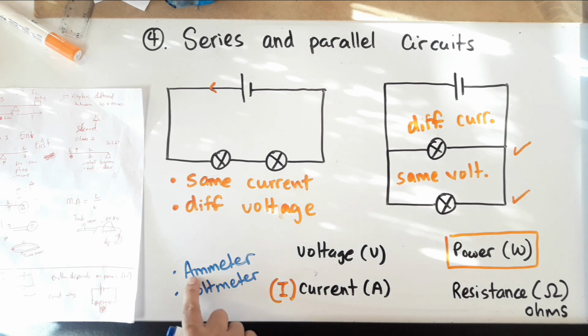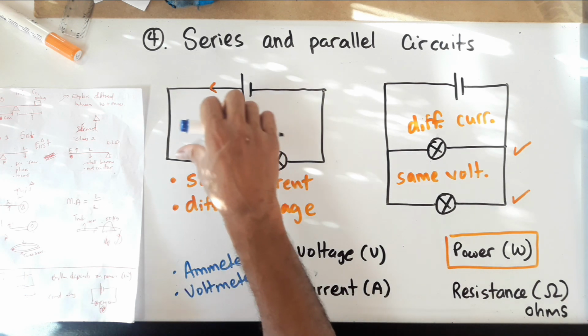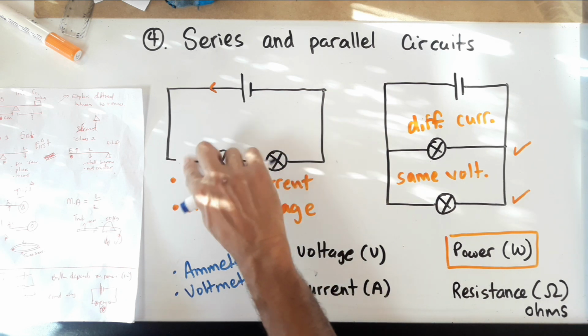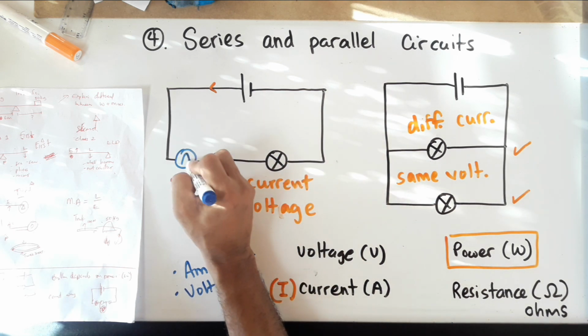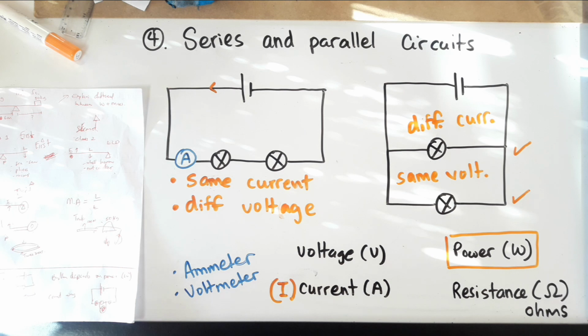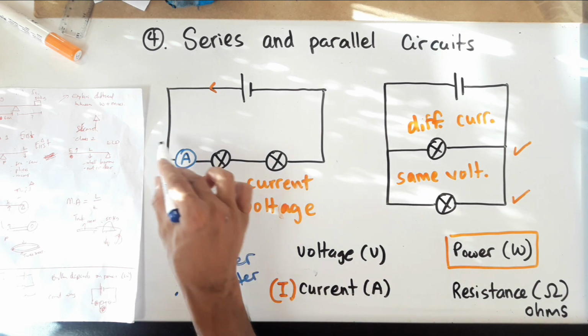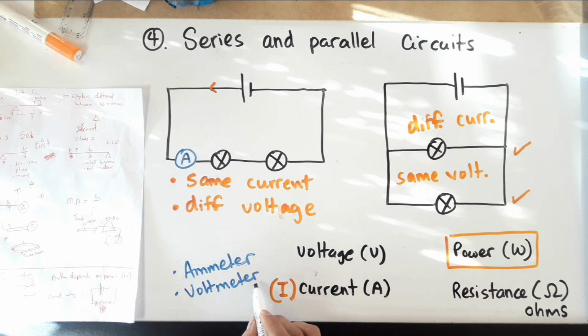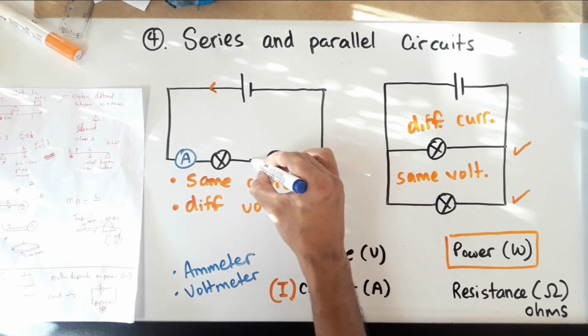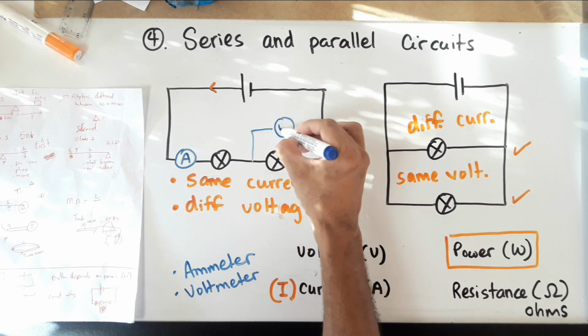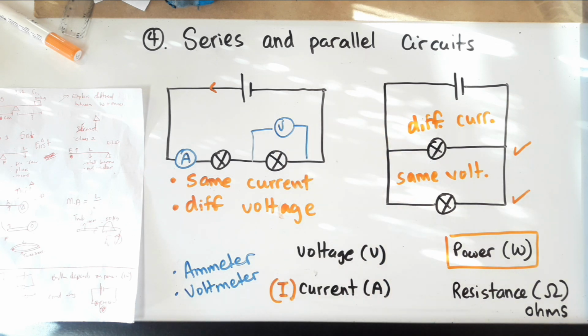Whenever you are connecting an ammeter, you have to make sure it's in series. The symbol for ammeters is a capital A with a little circle. So the ammeter has to be in series. If you want to measure the voltage across this lamp, you have to put it in parallel. That's another popular type of question.